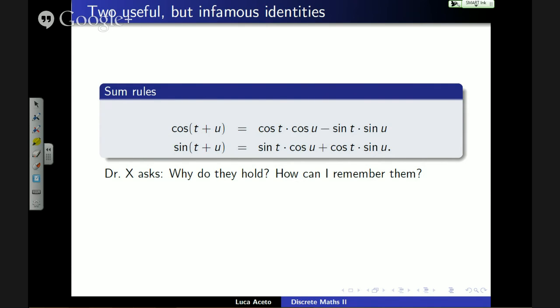You know what? Dr. X asked me before I came here, gee, what are those? How can I remember them? And why are they true? Well, you can show Dr. X why they are true, because there is a very simple proof of why these formulae are true using matrix multiplication and rotations.